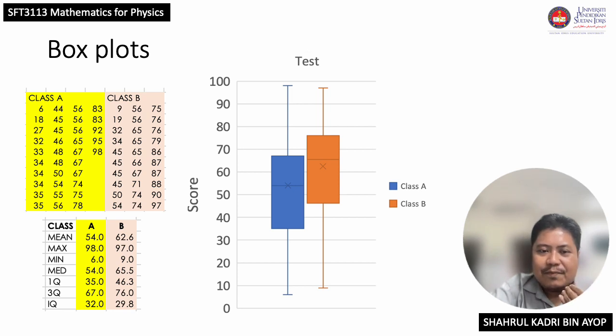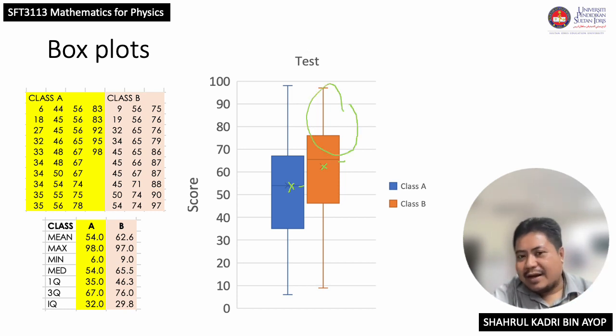But when you compare the mean and the median, group A is okay, but for group B, it seems that many of the students, more than half, perform better, with high scores. We can say it like that.